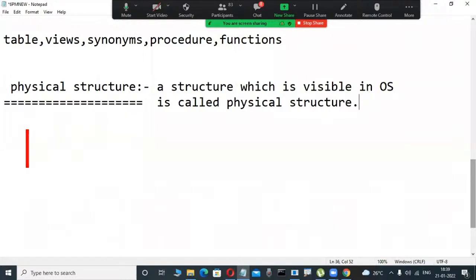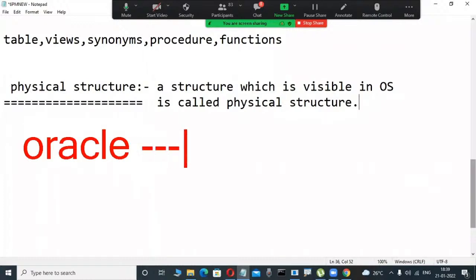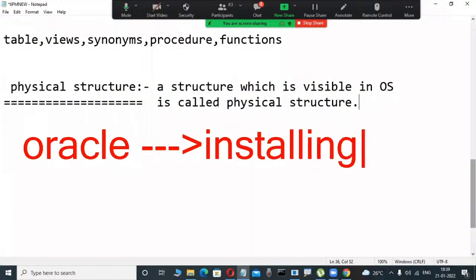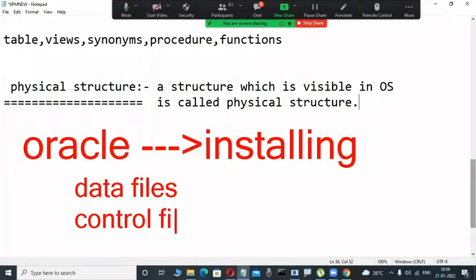Same like that, Oracle is a relational database software. MySQL, SQL Server, we are installing, for example. Whenever I'm installing Oracle, automatically some physical files are created. Some physical files, called data files, .dbf files, control files, and also redo log files are created.